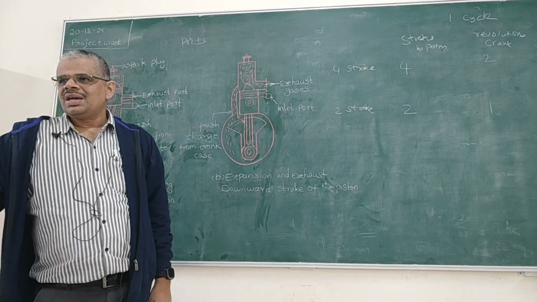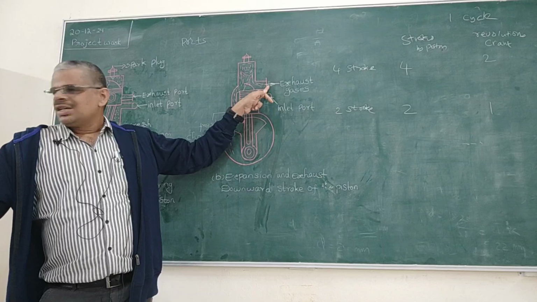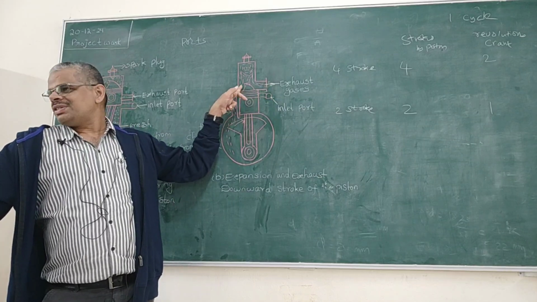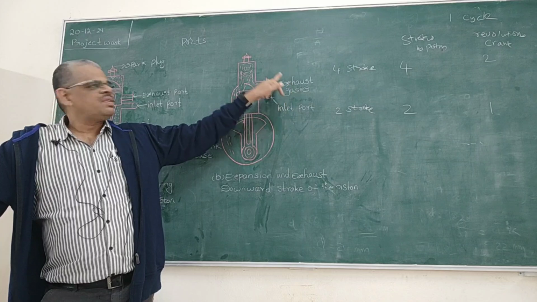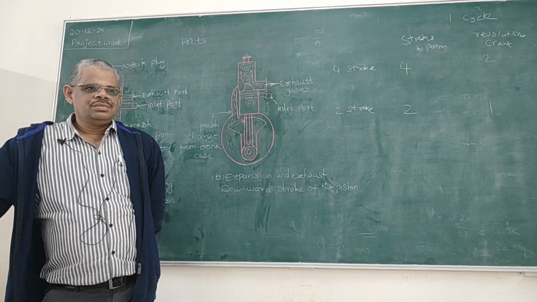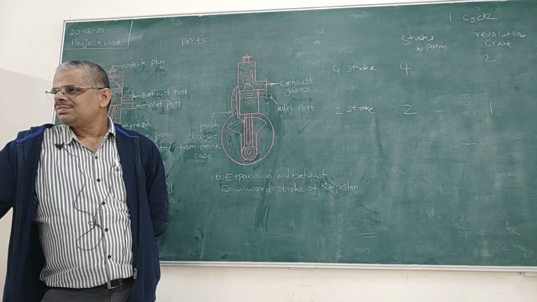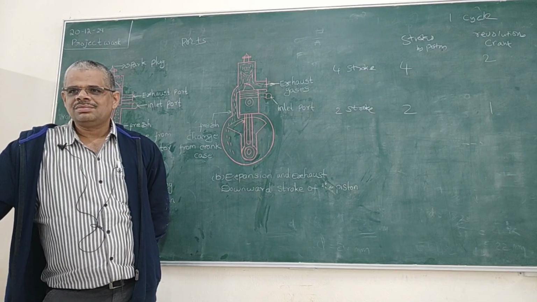Is it right or not? At this point, both the ports are opened simultaneously, so that whatever be the charge which is there may escape through the exhaust port without entering into the combustion chamber. Is it a problem or not? Because both the ports are opened at a time.